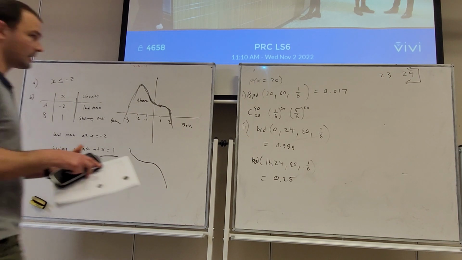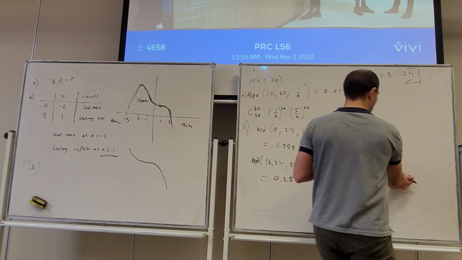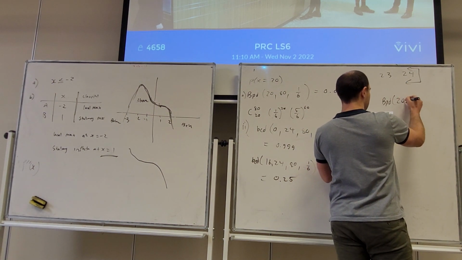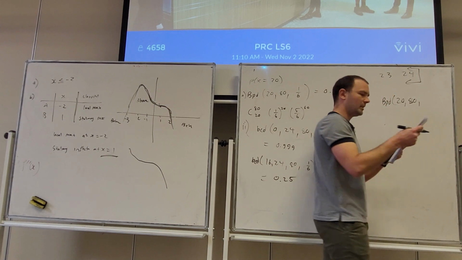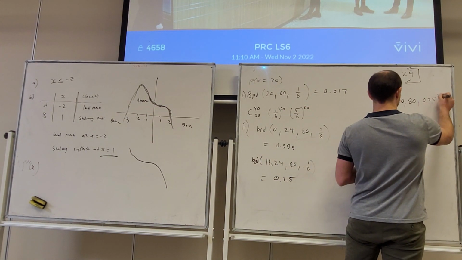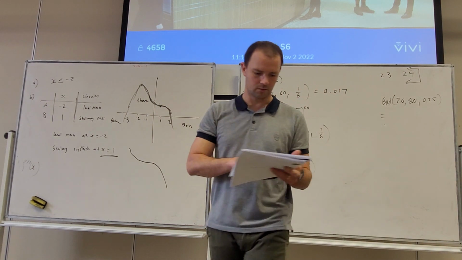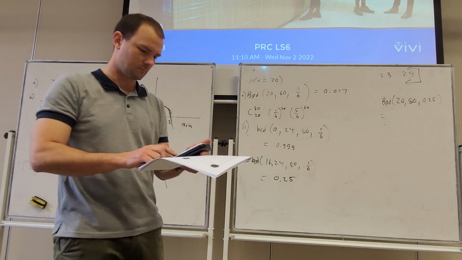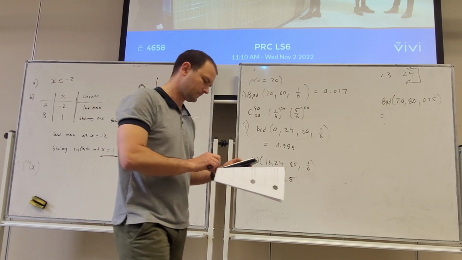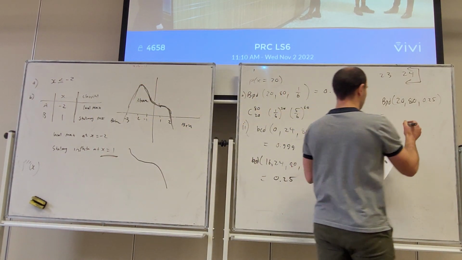So almost the same calculation, except things have changed, right? BPD, we want 20 successes out of 80 trials, but now the probability of success is 0.25. We've got 10%.